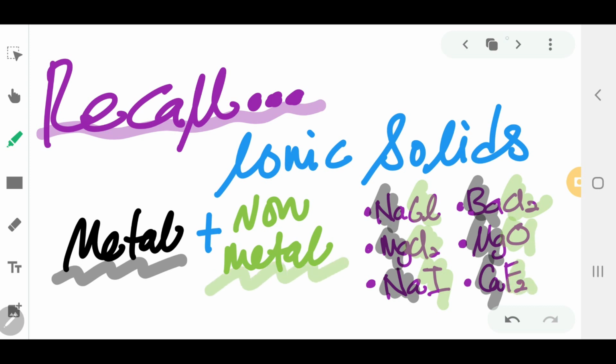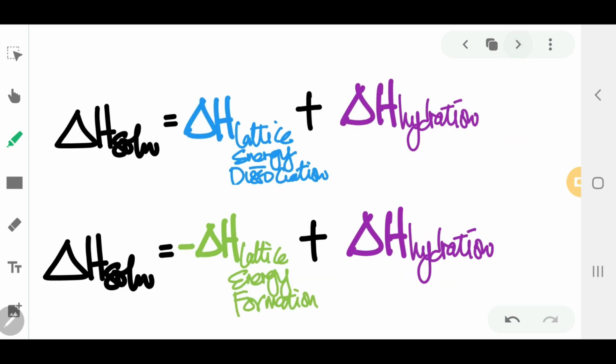So that is ionic solid. And the dissolution process is only concerned with ionic solids. If you look at both formulas for the dissolution process, you can use either one of them when you want to solve any problems related to the dissolution process.